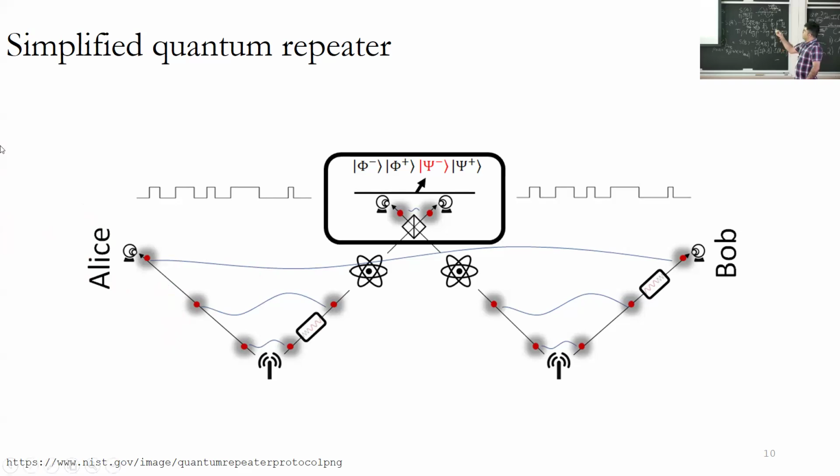One goes here and one goes here. Then there is a quantum memory here, which holds these particles and then does an interference or a measurement, which is a Bell state measurement, and there is classical communication, and some local operations based on the measurement results. This is basically the holy grail of quantum communication. If we can build this, then we are almost there.